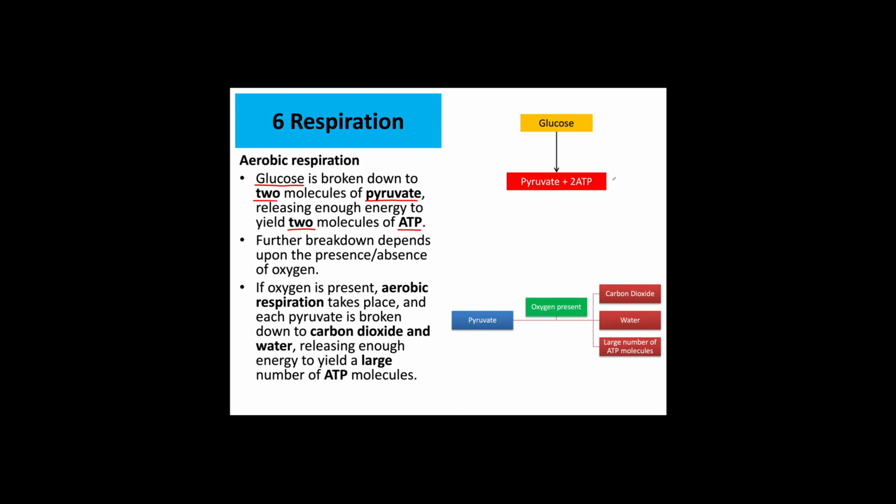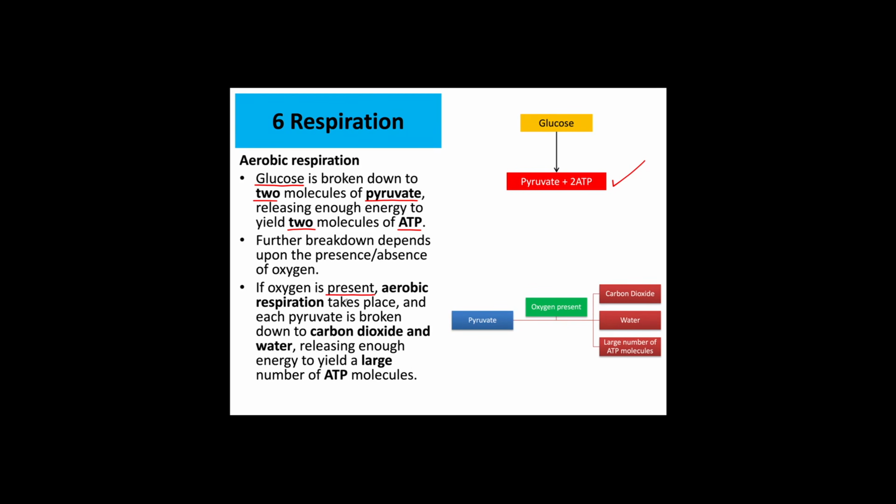Now, this reaction will happen pretty much regardless of the conditions that the cell is in. So you'll always be able to make a tiny amount of energy, two molecules of ATP, which is a relatively small amount. The further breakdown of pyruvate depends on the presence or absence of oxygen, okay?